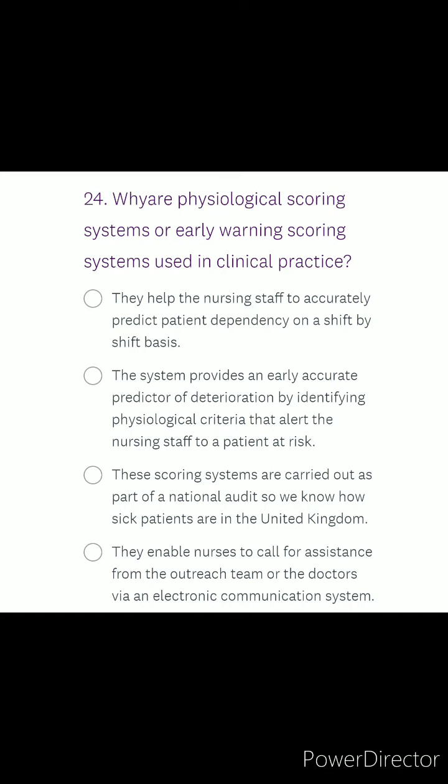Option C. These scoring systems are carried out as part of a national audit, so we know how sick patients are in the United Kingdom. Option D. They enable nurses to call for assistance from the outreach team or the doctors via an electronic communication system. So, naturally, the right answer is option B.